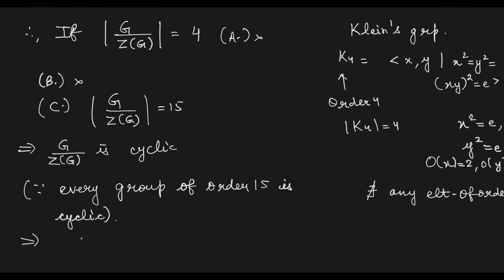This implies that G is abelian, and we have discussed that if G is abelian, then G is equal to the center of the group, because Zg is the center of the group and it is abelian.